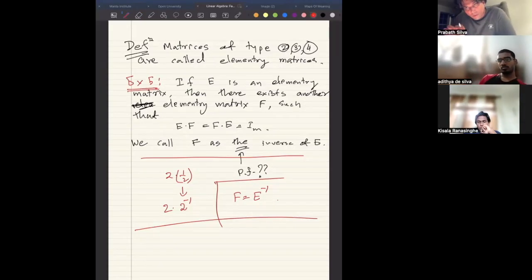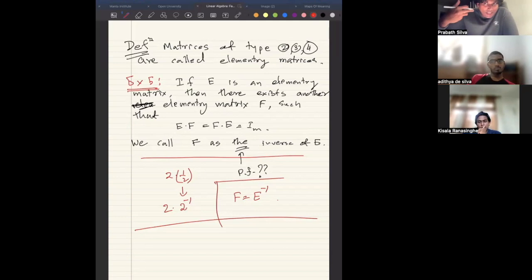If you have an elementary matrix, you can find the inverse of that matrix, and it is also elementary.